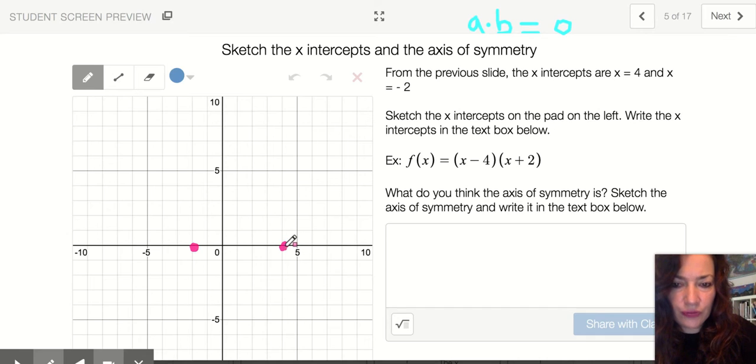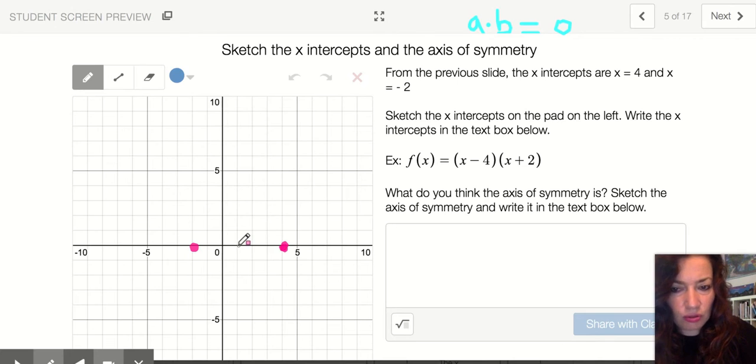Now we know that a parabola is symmetrical, and the line of symmetry will split our graph in half. So where can I draw a line where I would be an equal distance from the two intercepts? If you count, you can see that I have 1, 2, 3, 4, 5, 6, and we want to go halfway.